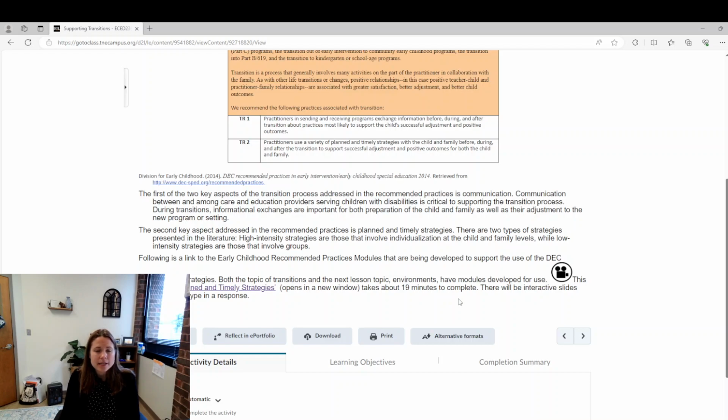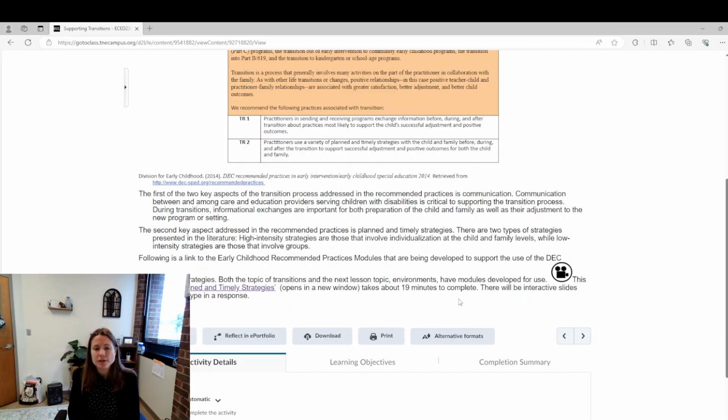The second key aspect is how you are planning these strategies. What are the strategies you're using? Are they evidence-based? Do they really involve individualization at the child's level? And how are they involving the family? Are they high intensity strategies or low intensity strategies?